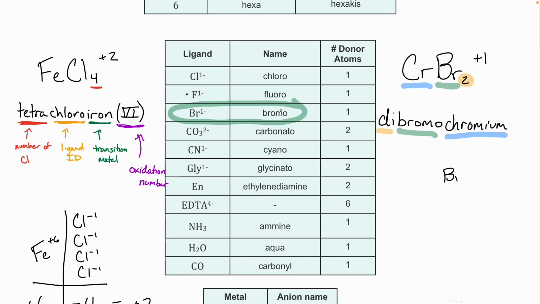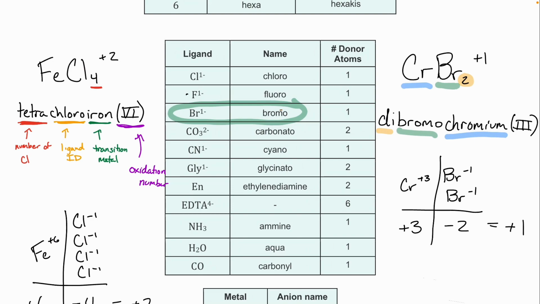I got 2 of them. They got to sum up to +1, which means that my chromium has an oxidation number of 3. So dibromo chromium 3. Just rolls off the tongue, huh?